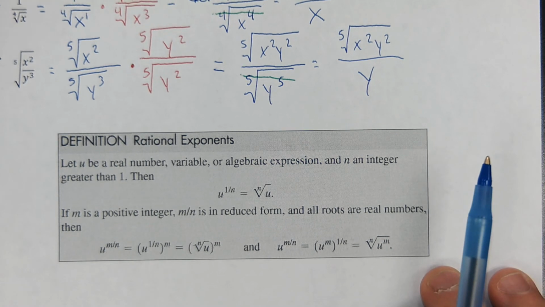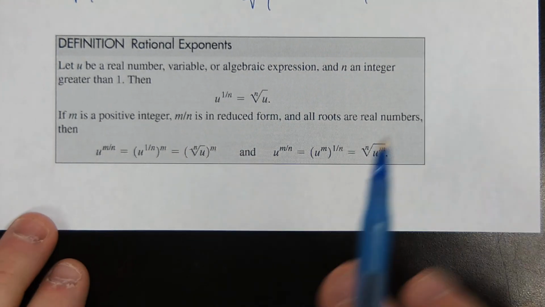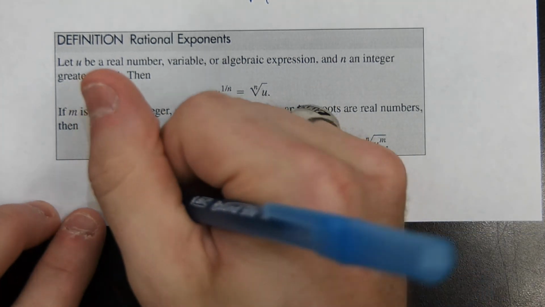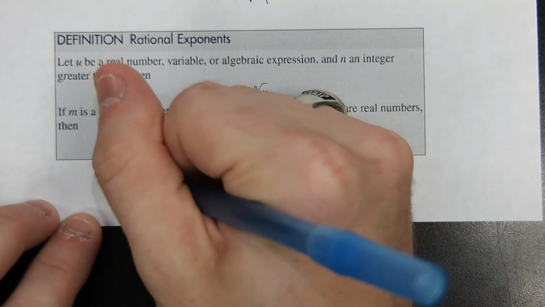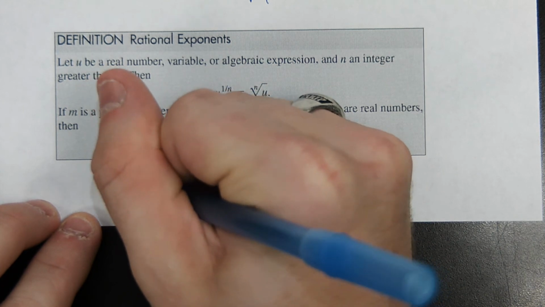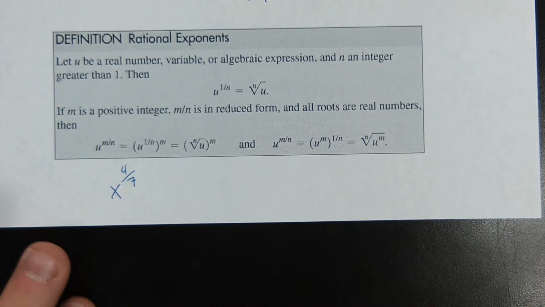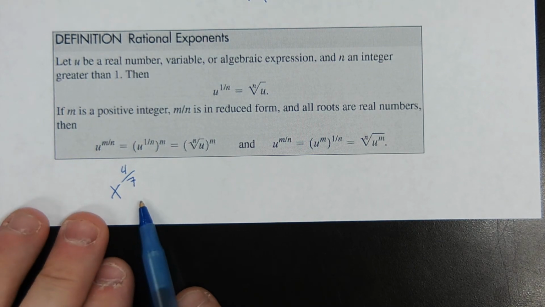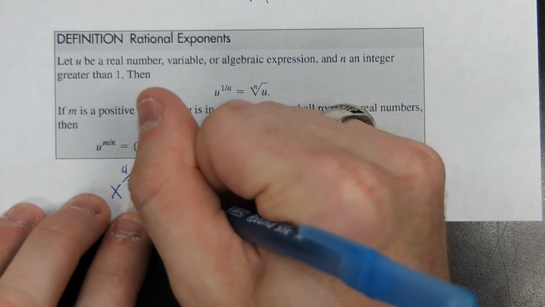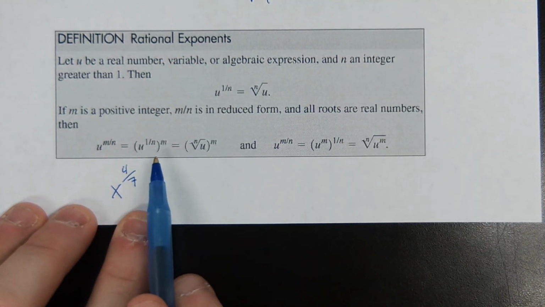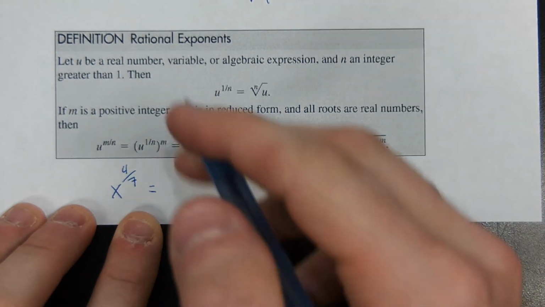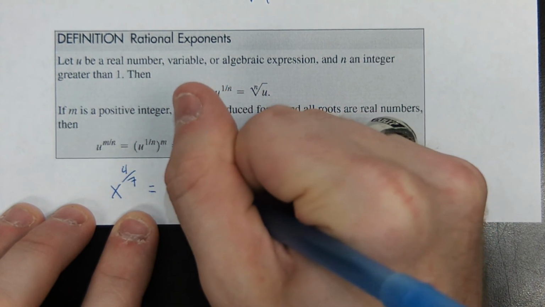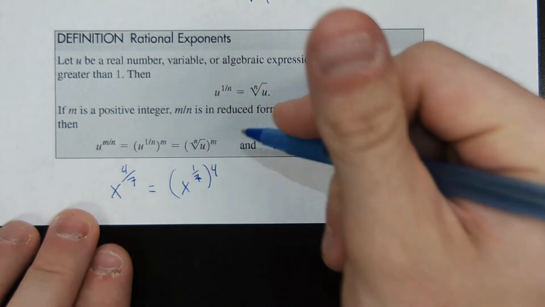So if you have a fractional exponent, let's just say it says x to the, I don't know, 4/7. I'm just making up ugly numbers here. Then this could be written as x to the 1/7 raised to the 4th.